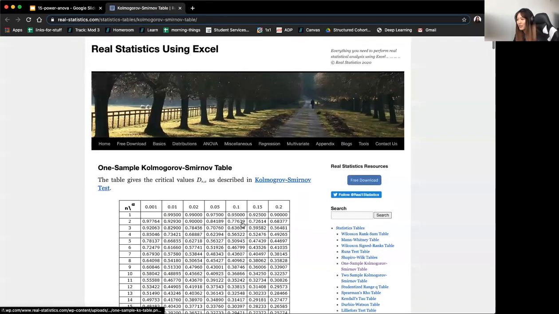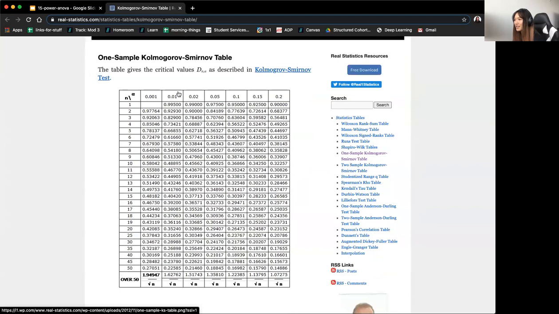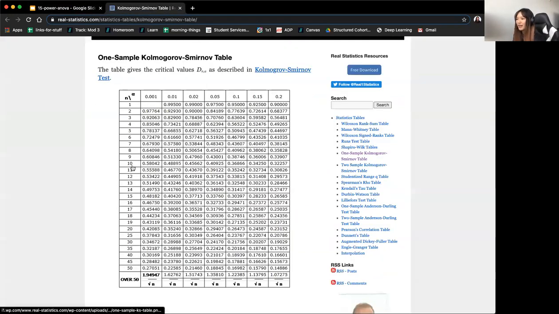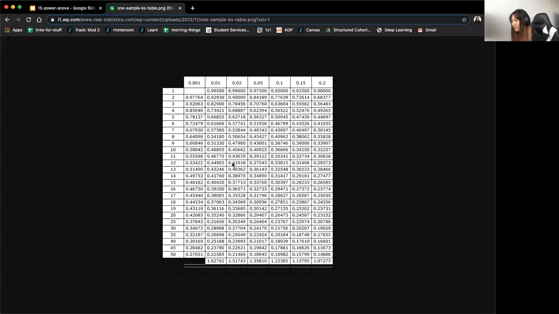So with this KS test, pretty simple. You can see here, we'll look up for alpha of 0.05 what your critical value of D is, also based on your sample size. So let's say we have a sample size of 10. Our critical D will be 0.4.